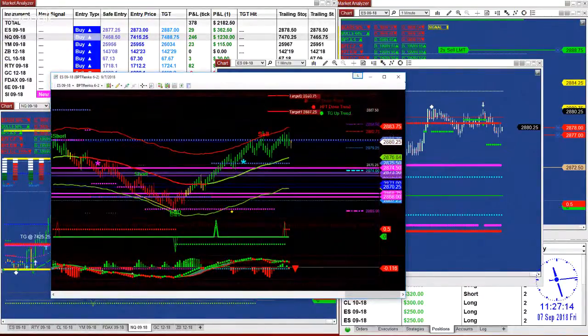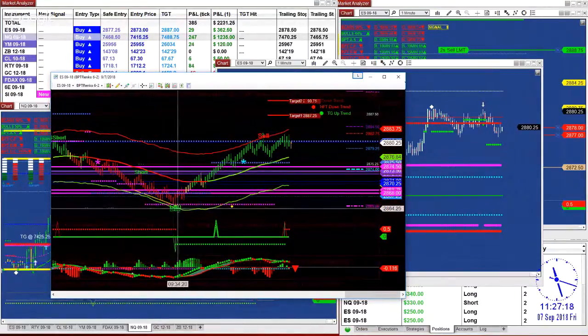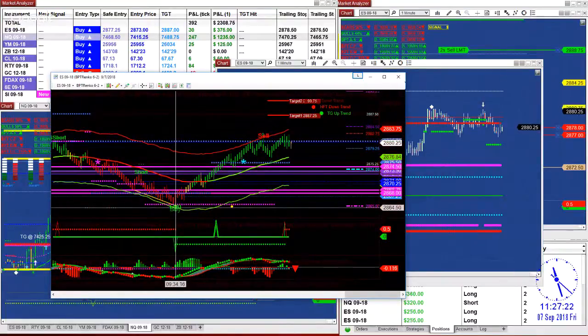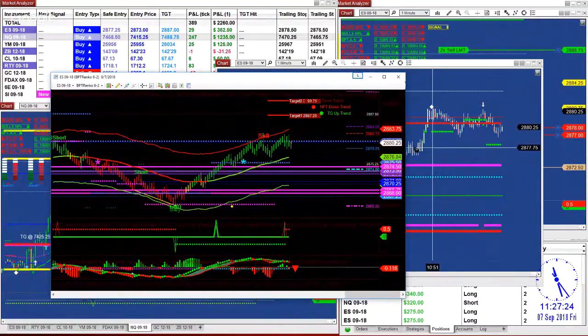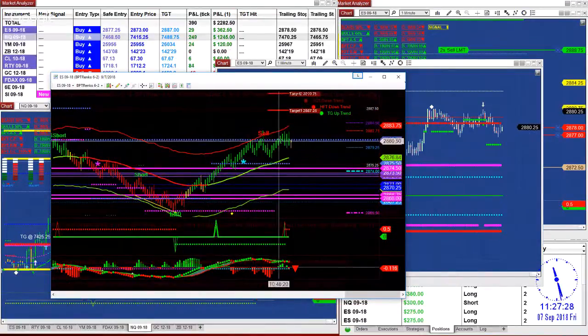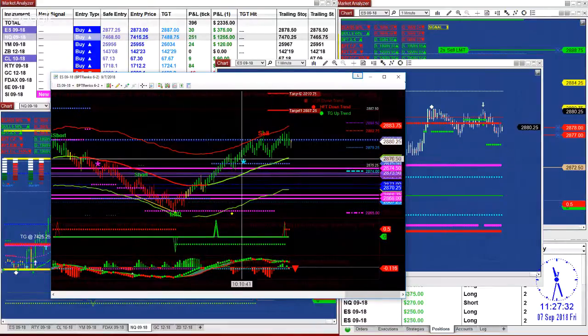But when I get out of the band, like in this area here with the support line on a Renko bar, yes, I'll take that one as a long trade. But I will never try to take a trade in the middle of that, because look at this one here, folks.